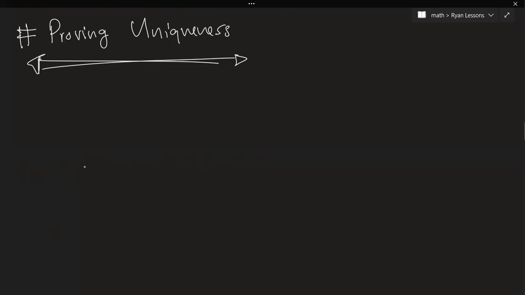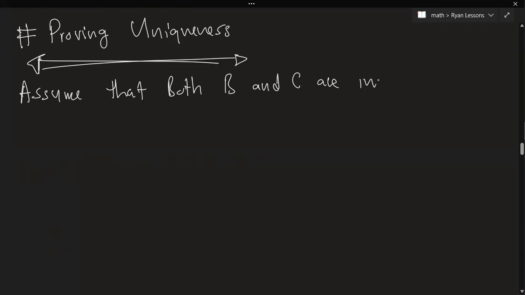In order to prove that the inverse is unique, I'm going to first assume the contrary. I'll assume that both B and C are inverses of A. So now I'm assuming the contrary, that both B and C matrices are inverses of A. Now I'm going to show that these two things are actually one and the same thing.